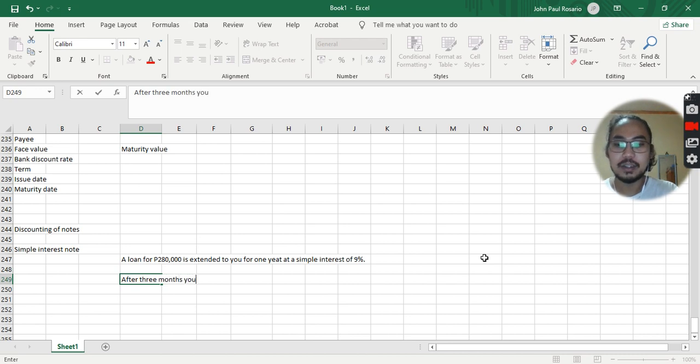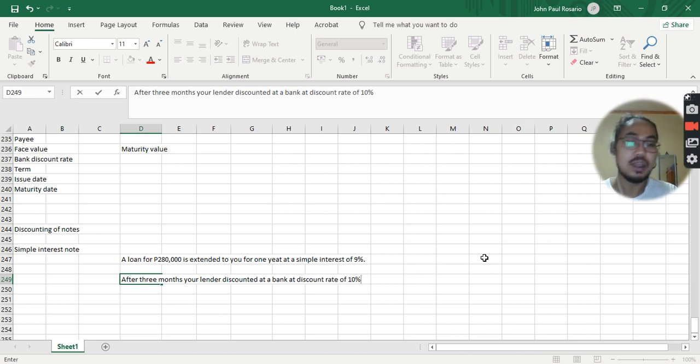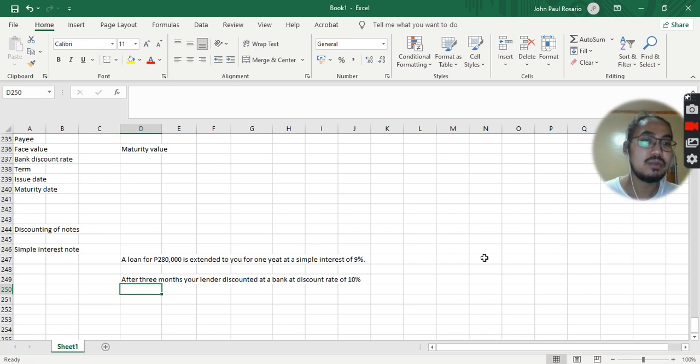After 3 months, your lender discounted the note at the bank at a discount rate of 10%. So usually, guys, when it comes to discounting notes, be it simple interest or bank discount notes, the discount rate is higher than the original rate.